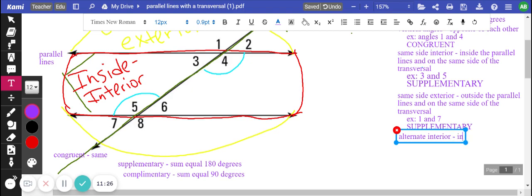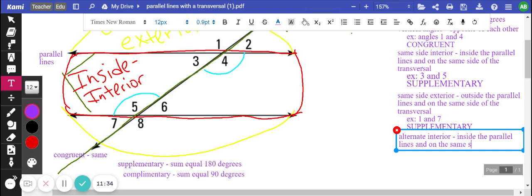So that means they're inside the parallel lines and on the opposite sides, so alternate. The example we gave would be angles 4 and 5.